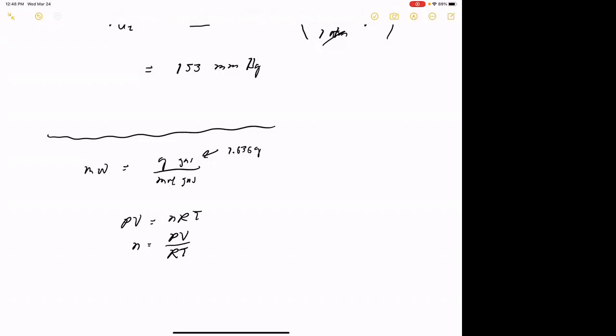You know what R is. Do you have a T? Yeah, you got a T. You got to convert it to Kelvin, so you're good to go. So once you have the moles, then that gets stuck right back in there. So you got the grams, you got the moles, you got the molecular weight, and you're good to go. Does that help? Yeah, thank you. Sure, no problem.